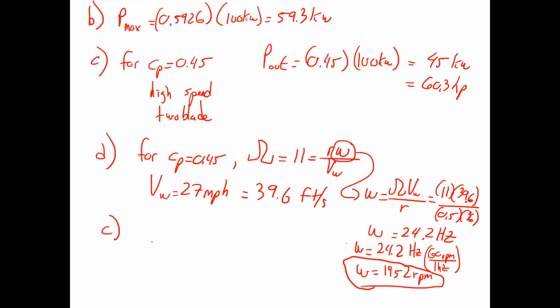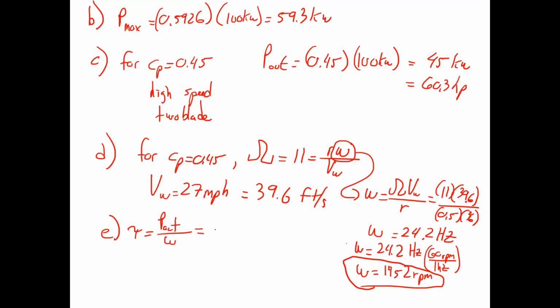And then part E. Part E is asking for the torque. So again, the torque in this case would be just the actual power extracted divided by the angular speed.